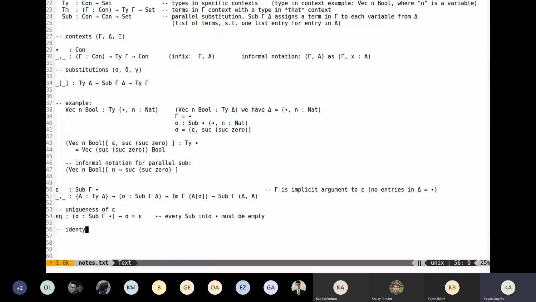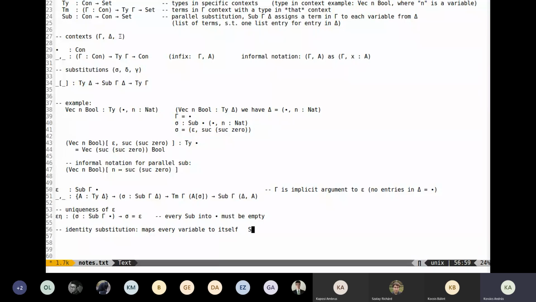So there is the identity substitution. And the identity substitution can be understood as a parallel substitution which maps every variable to itself.